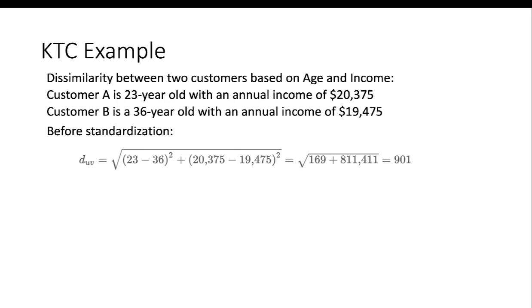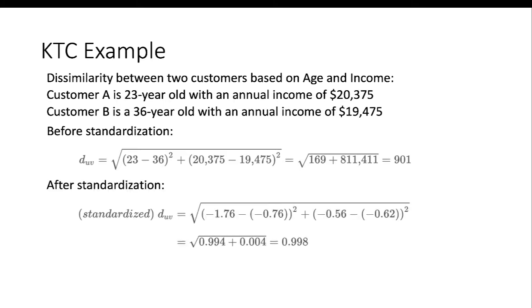So we can see that when using the raw variable values, the amount of dissimilarity between observations is dominated by the income variable because of the difference in the magnitude of the measurements, as income is a lot larger than age by nature. Therefore, it's common to standardize the units of each variable j of each observation u, that is uj, and the value of variable j in the observation u is replaced with a z-score, zj.